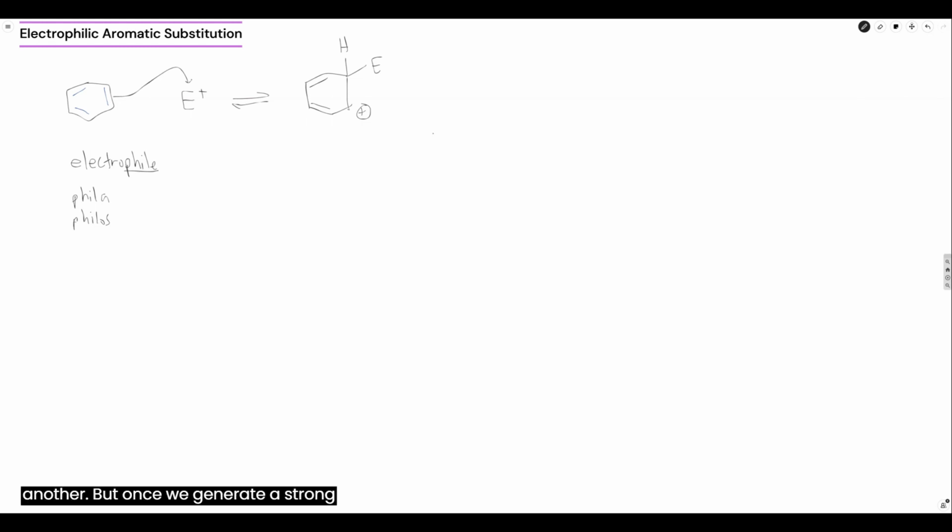But once we generate a strong enough electrophile, we generate this sigma complex cation. And the final step is simply rearomatization via deprotonation. And what we get is our substituted benzene.